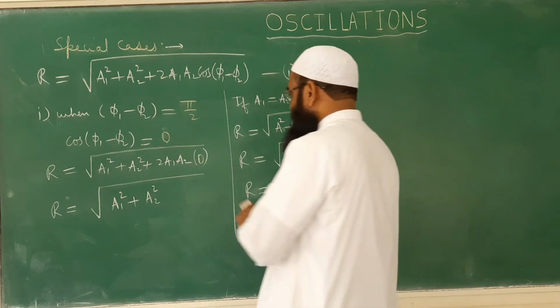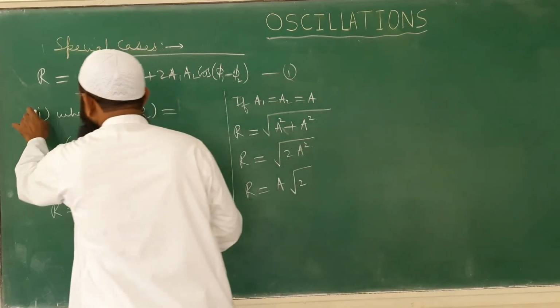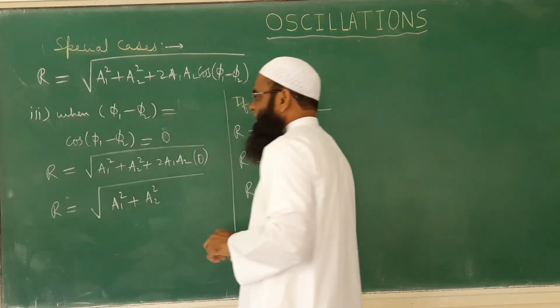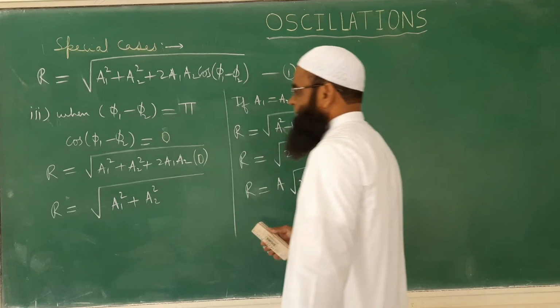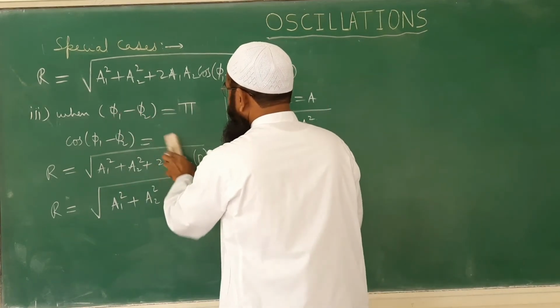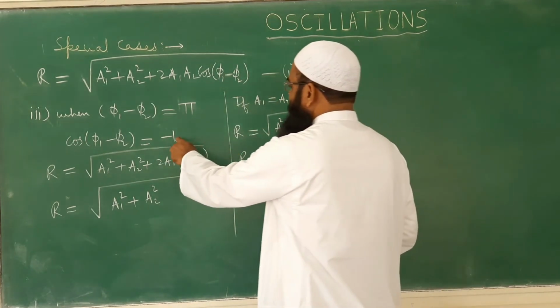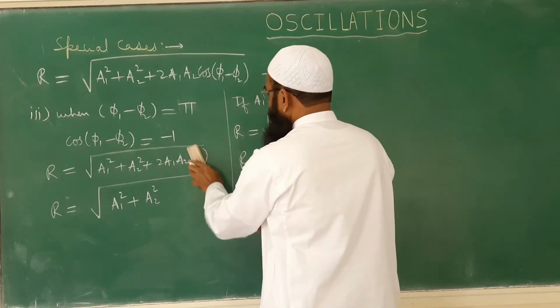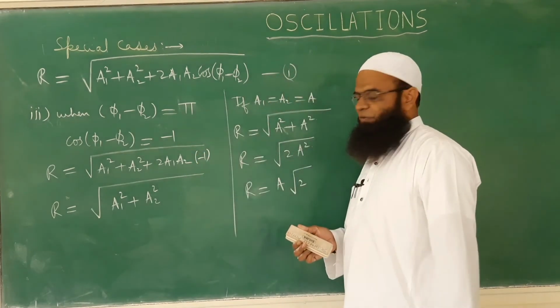Third case we will see. In the third case, let us consider when phi 1 minus phi 2 is equal to pi, then cos phi 1 minus phi 2, that is cos pi, will be equal to minus 1. If you substitute this value in equation 1, in place of cos phi 1 minus phi 2 we get minus 1.